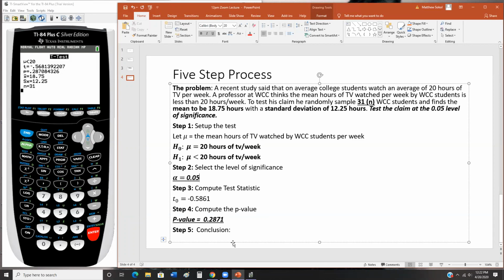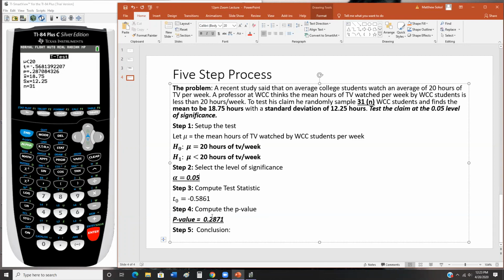So you're just going to look at this number and this number here. There are two types of conclusions you can make: either Matt's claim was right or Matt's claim was wrong. In hypothesis testing, we call those fail to reject the null hypothesis or reject the null hypothesis. This is all you need to remember, and this is also in the lecture slides posted to Blackboard.